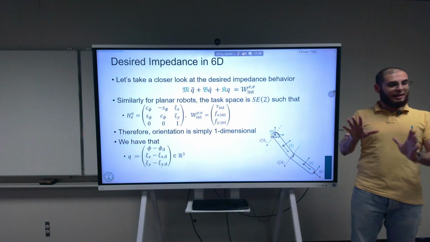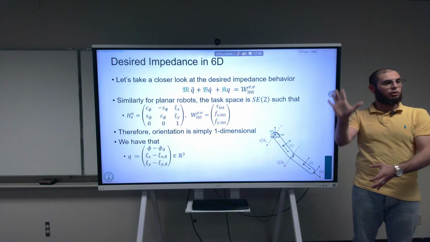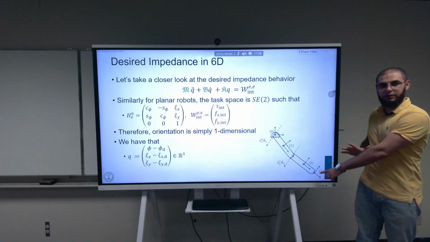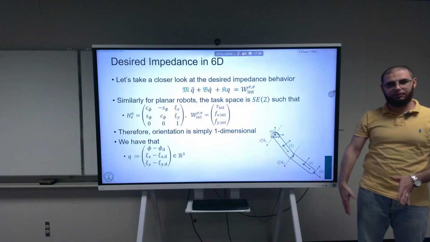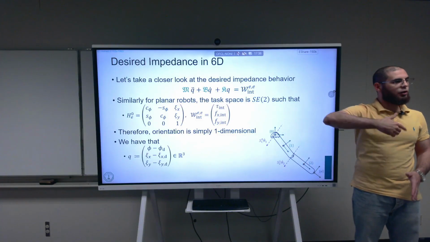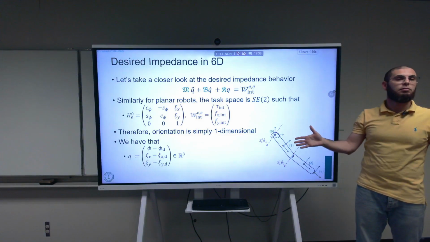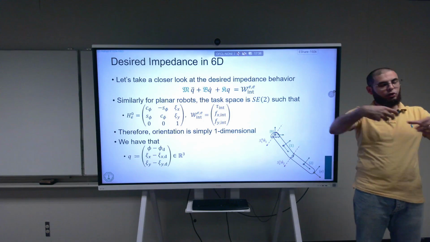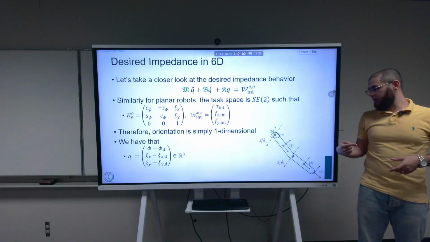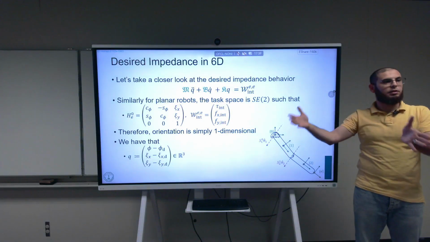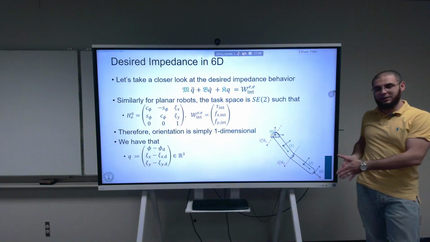In the end, the task space, or its workspace, is just SE2. The end effector will never go out of the plane. It always lives in the plane. You see this robot arm, for example, no matter what the angles are, it will always live in the plane, even if it has 10 links. If all of the joints, for example, are coplanar, then the robot always lives in the plane. We call this a planar robot.